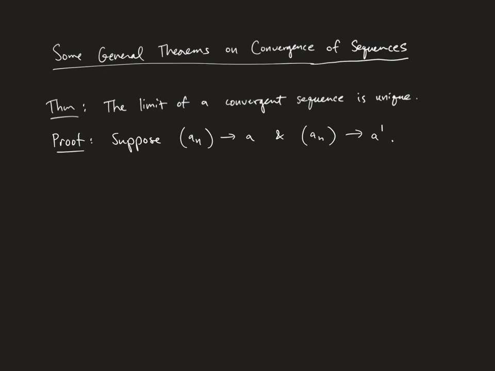The proof I'm going to give, the idea is to show that the difference between A and A prime is arbitrarily small, that it's less than epsilon for any positive epsilon. And we showed in a previous lecture, I think maybe it was in the first lecture, that if you have any positive real number which is less than any arbitrarily given positive number, then that has to be zero.